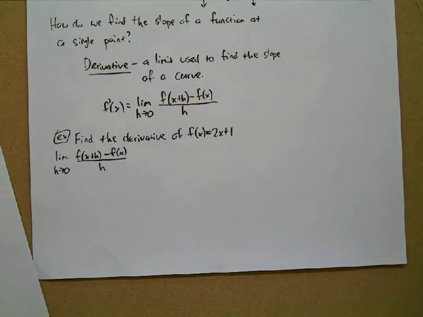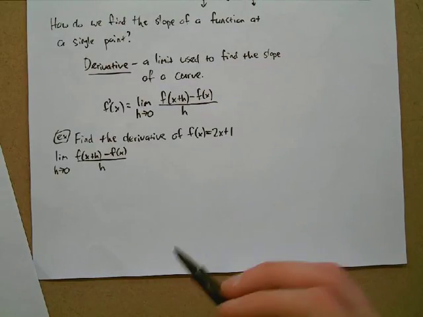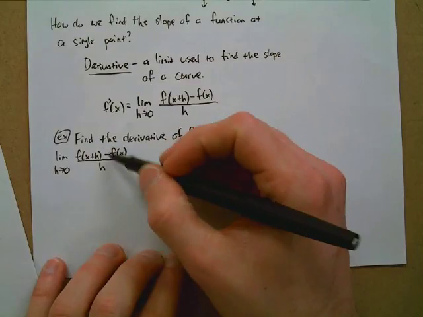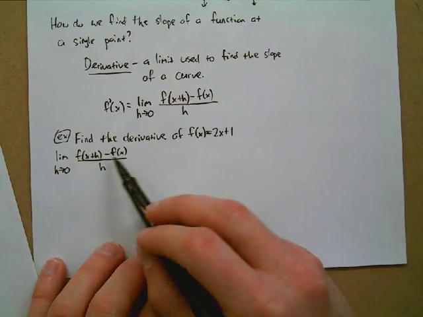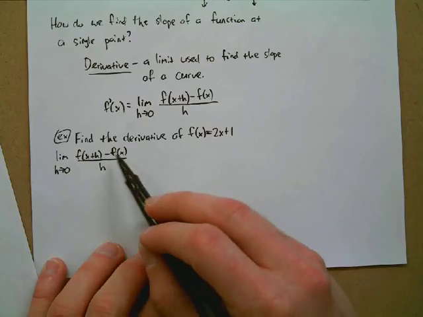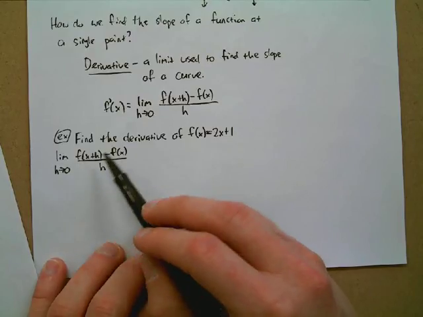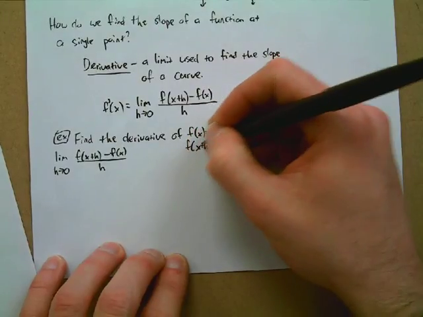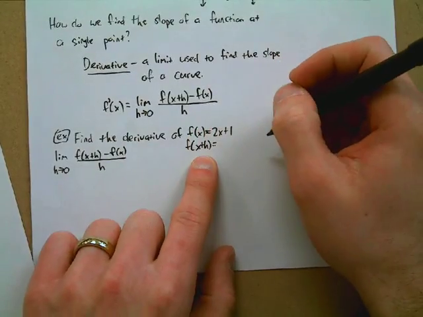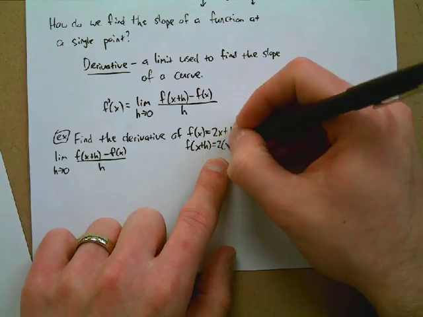It's 2x plus 1. So I already know this piece of the derivative. But I need to find what f of x plus h is. So let me do a little side calculation here. F of x plus h is 2 times the quantity x plus h plus 1. If f of x is 2 times x plus 1, we'll just replace the x with x plus h.